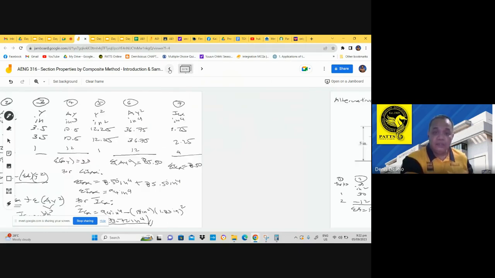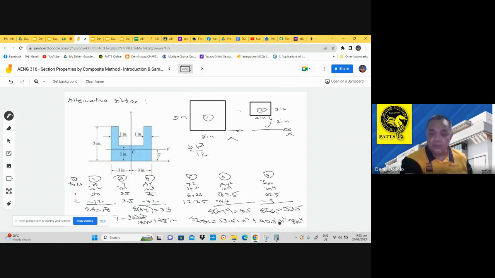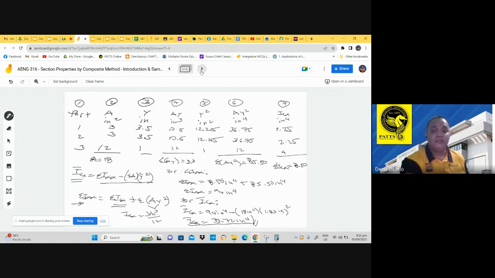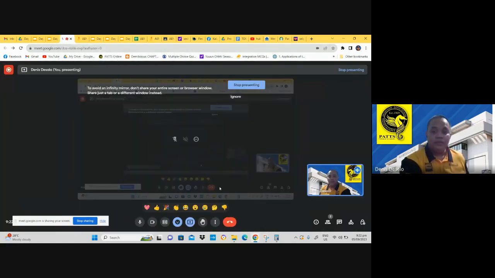In the first solution, the summation of I is also 94. So in this alternative solution, I also got 94. Since I have the same area, same y bar, same summation of I sub x, I'll be getting the same moment of inertia about the centroidal x-axis. So you follow the formula, you will get the same. So that should be our example.